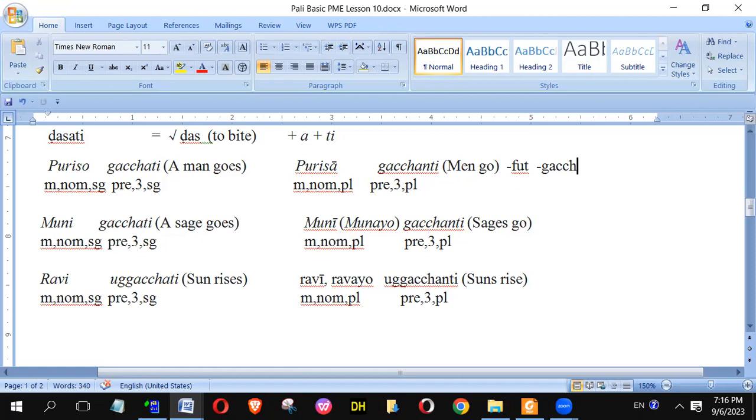What is the future tense for third person? Isa? Yes. Isanti. All right. So how are you going to pronounce this one? Gachisanti. All right. So we call it future third person plural.